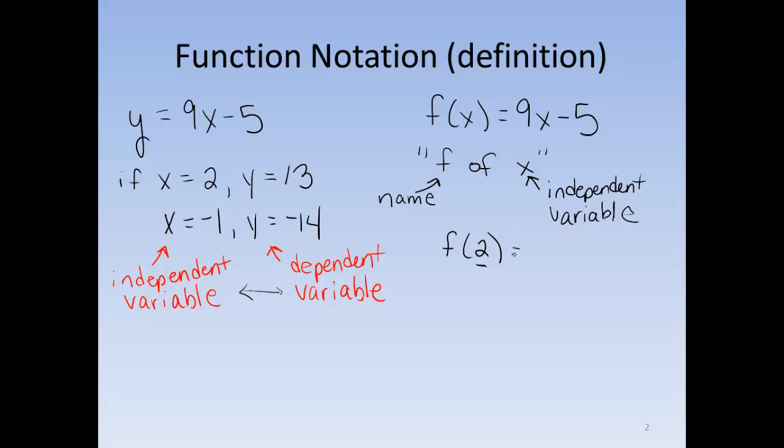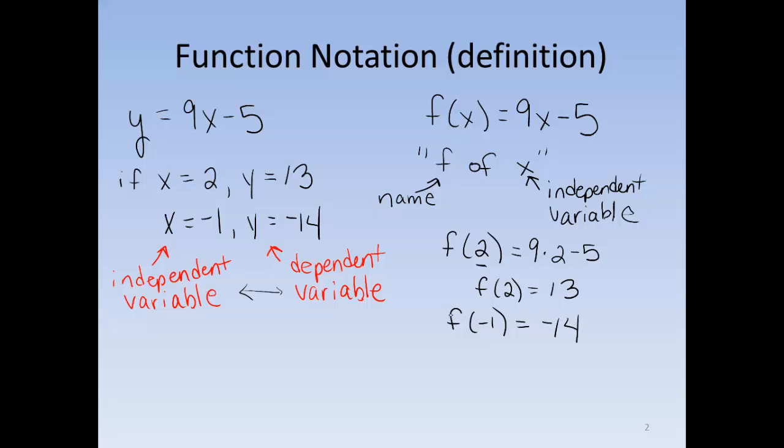On the other side, that means I take my 9 times, where the independent variable was x, and this notation says make it 2. 9 times 2 is 18, minus 5 is 13. f of negative 1 means I take the function f and make my independent variable negative 1. Plugging that in gives me negative 14.